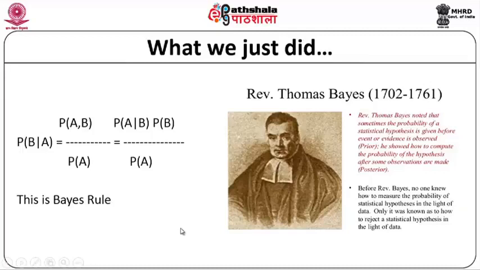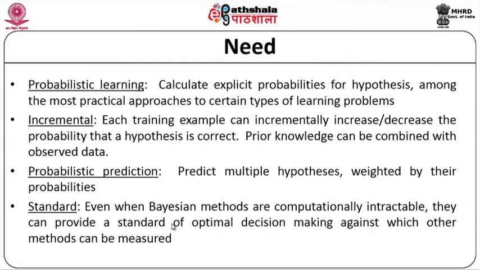Having understood what is simple probability, what is conditional probability, and inside that what is sample space, outcome, event, now we will understand how conditional probability and Bayesian theorem may be useful for analytics. Actually speaking, this Bayesian theorem or logic is a type of probabilistic learning.